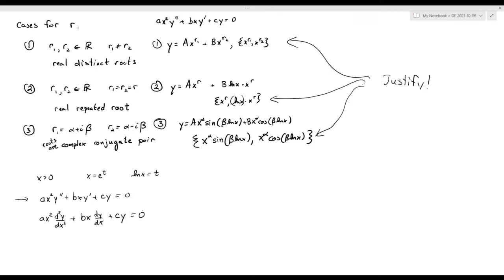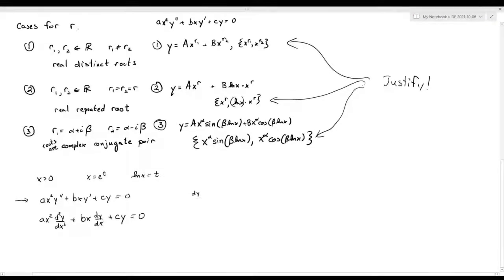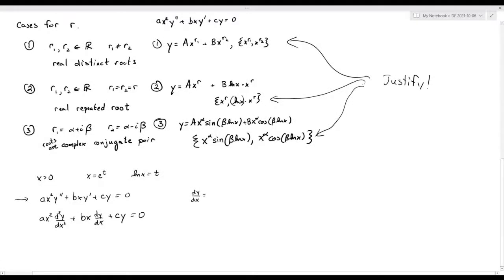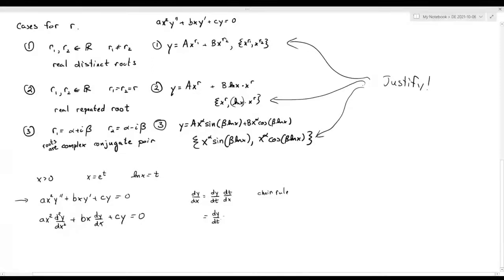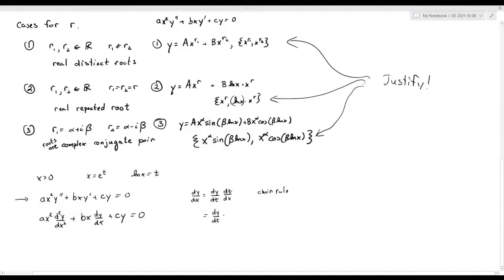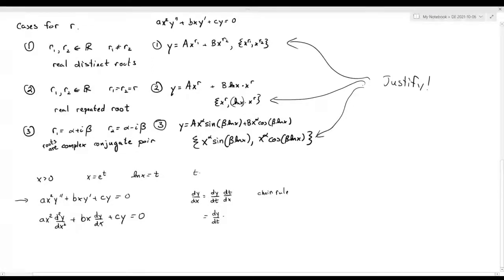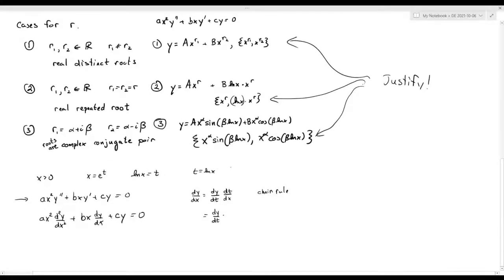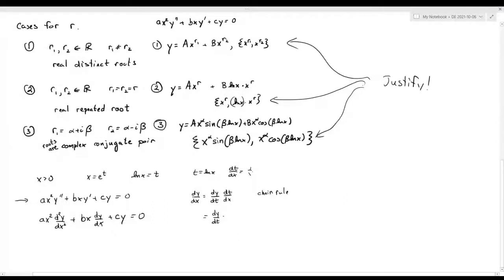But we also need to replace the derivative of y with respect to x in terms of the new independent variable t. This is just an application of the chain rule. We have the derivative of y with respect to the new variable t, and then the derivative of t with respect to x. Since t is log x, the derivative of t with respect to x is just 1 over x.